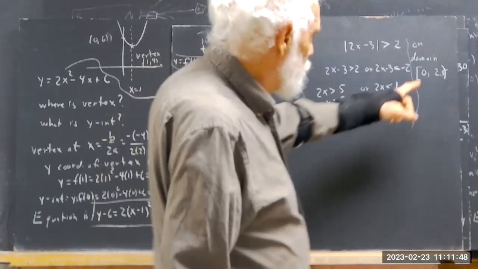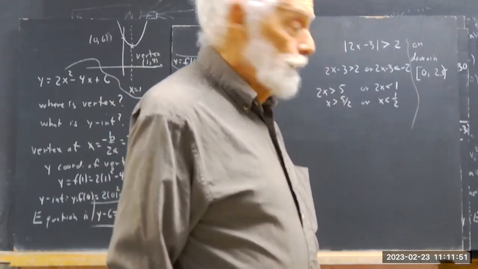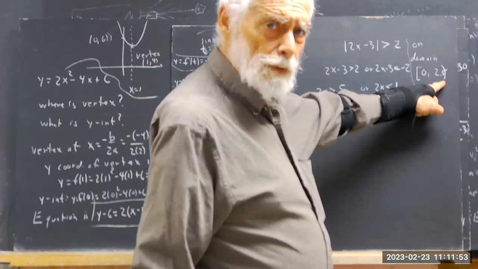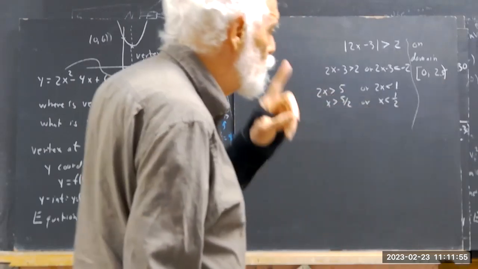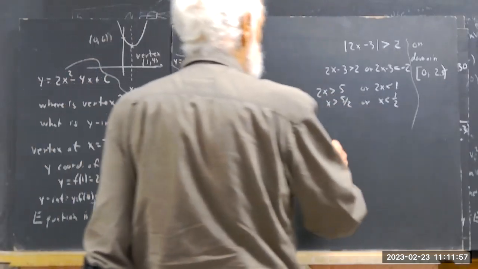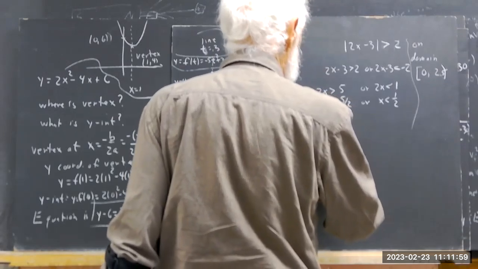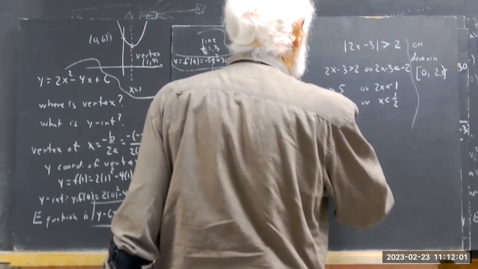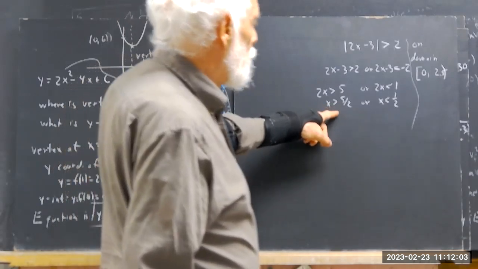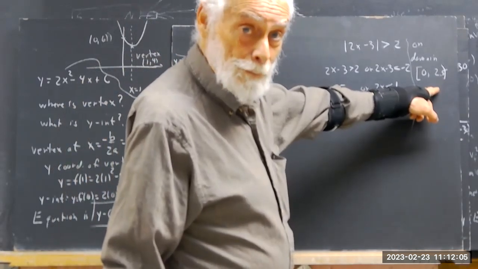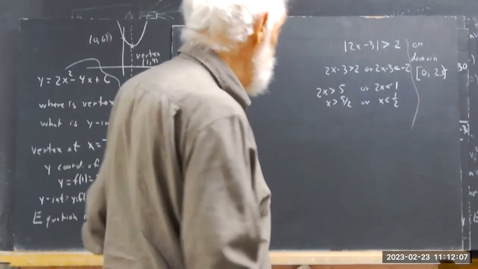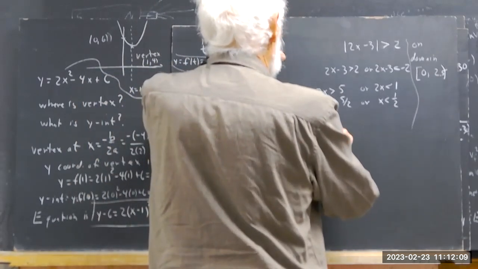Now, if your domain is from 0 to 2.5, it doesn't include 2.5, is that right? Right. Okay. Then any number greater than 5 halves is not in your domain. So this is not in the domain.